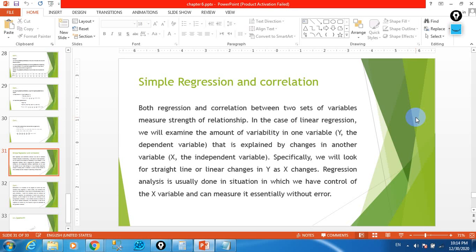I will solve this from the book. Let me just show you the chapter page of regression and correlation.